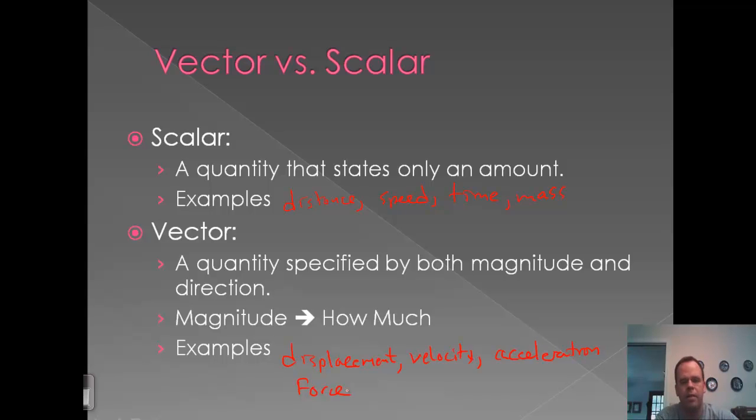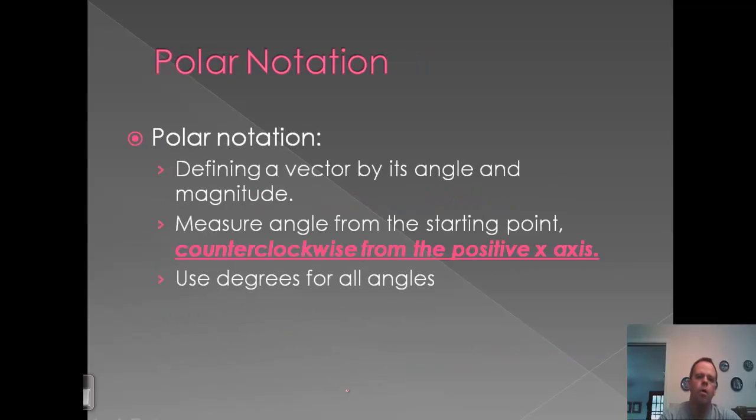Now, how we go about specifying that direction depends on which type of notation we are using. There are two types of notation for vectors. One is known as polar notation, and one is known as rectangular notation. Polar notation defines a vector by its angle and its magnitude. So how long the vector is, the arrow that we draw, is the magnitude, and the angle is the direction.